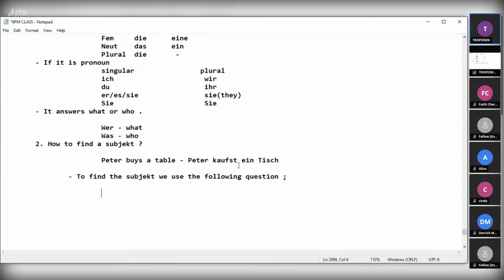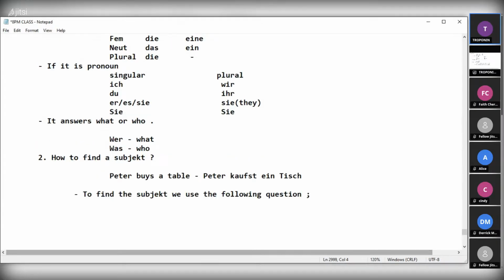This is our question. Who plus verb. So who plus verb. So can you say, like who buys? Who buys?